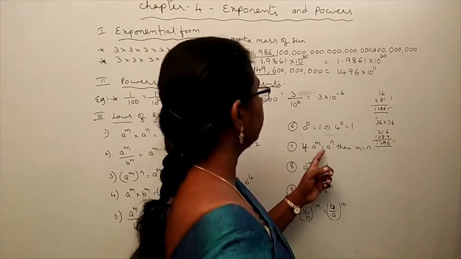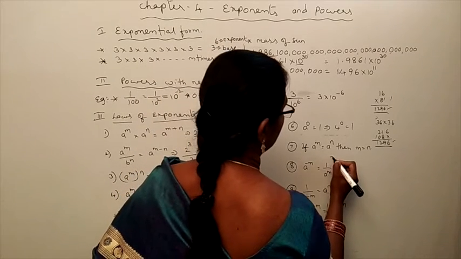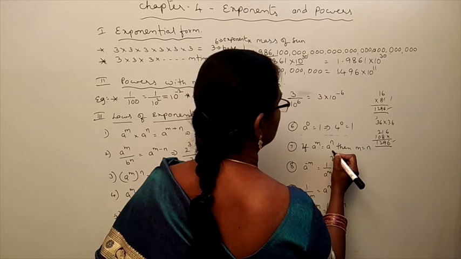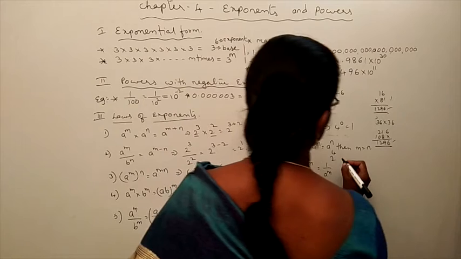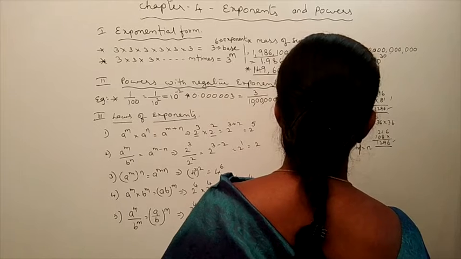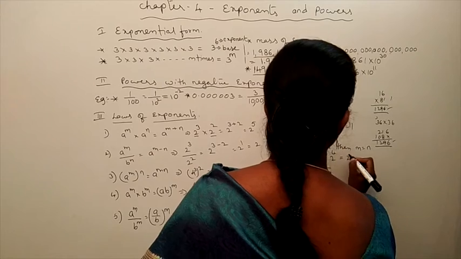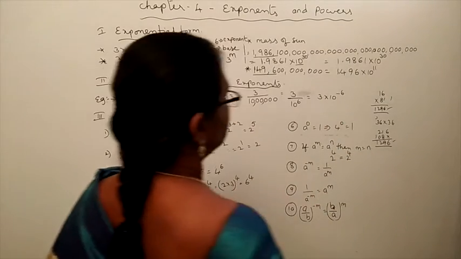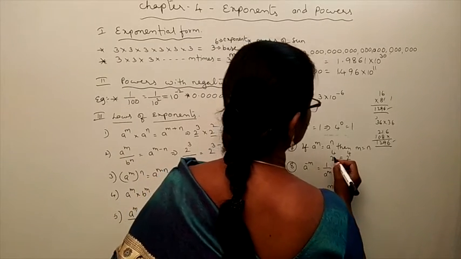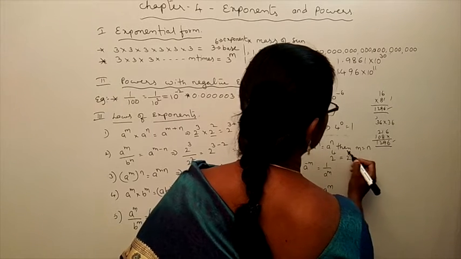If a to the power of m is equal to a to the power of n, then m is equal to n. Suppose 2 to the power of 4 is equal to 2 to the power of x. Here, if bases are equal, powers also equal.